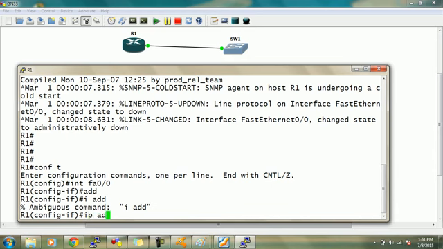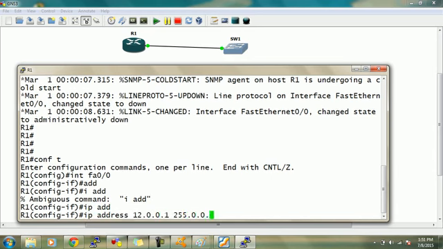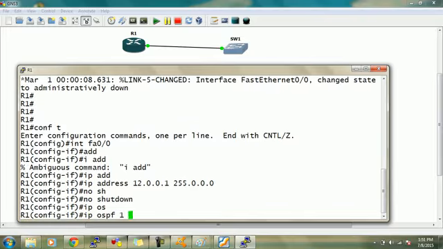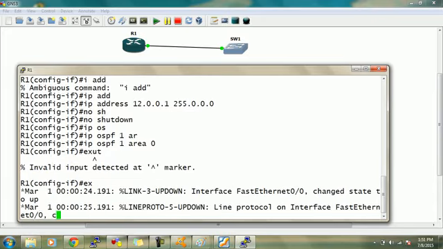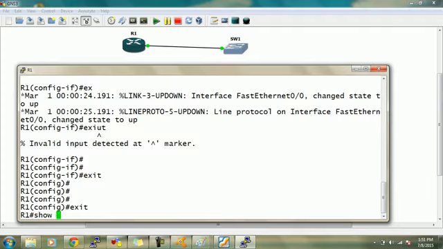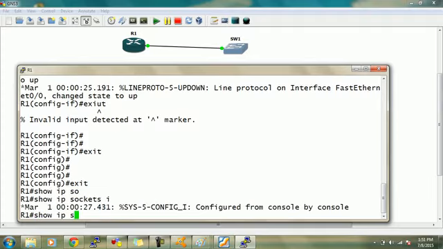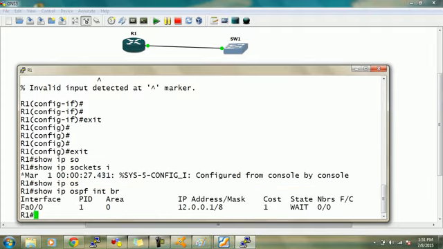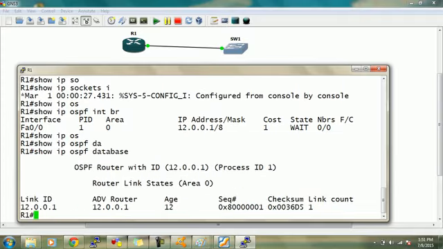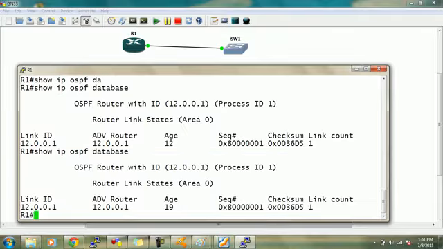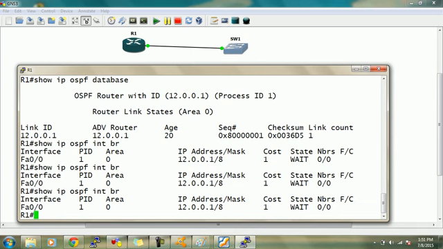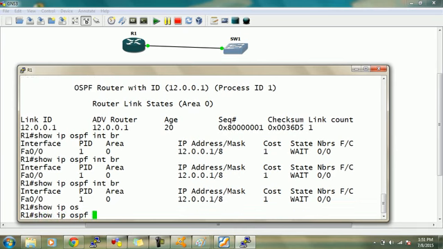Now it is working properly, right? See, it was working at the time of the practical. OSPF enabled. Show IP OSPF interface. OSPF enabled. Show IP OSPF database. Which type of LSA is generated? Wait for some time, show IP OSPF.